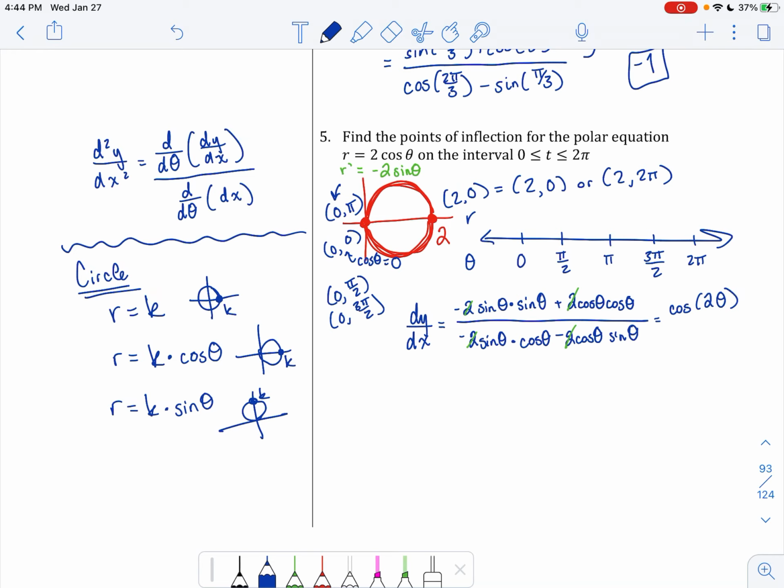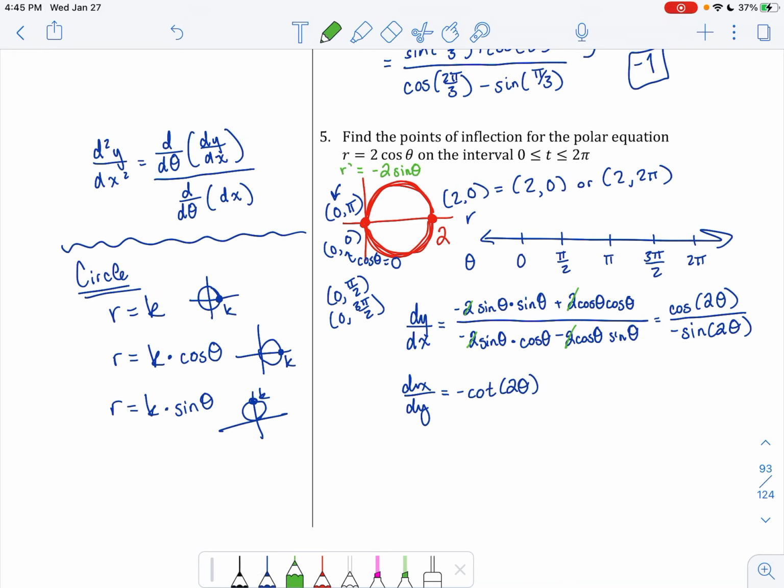Here we have sine squared, cosine squared twice again, but it's negative, so this is negative sine of 2 theta. And I'll simplify it farther to say that the first derivative is equal to negative cotangent of 2 theta.